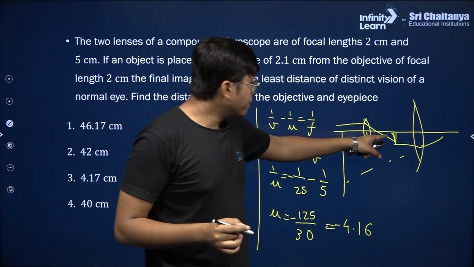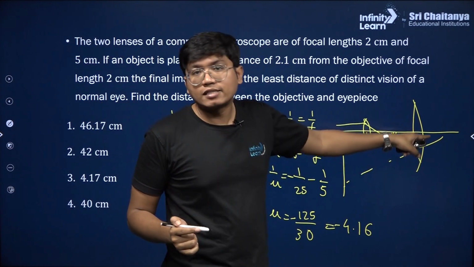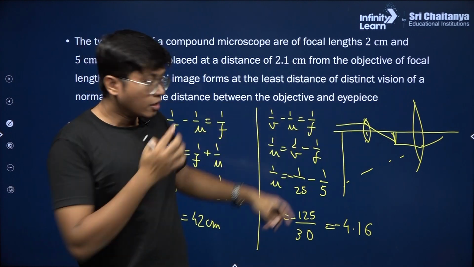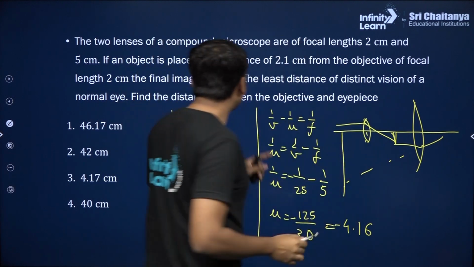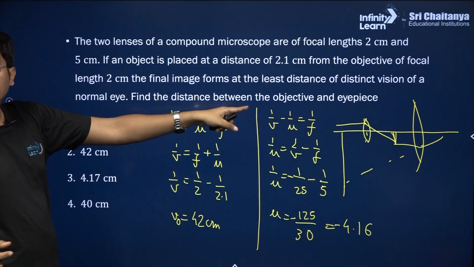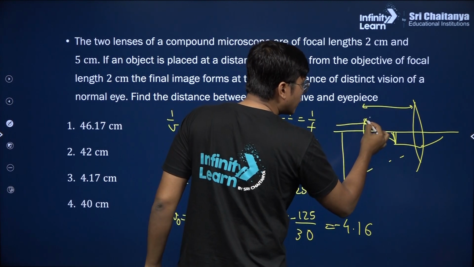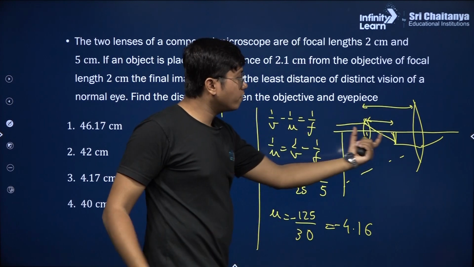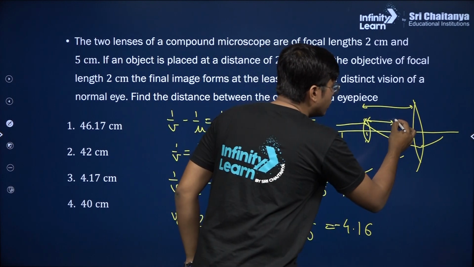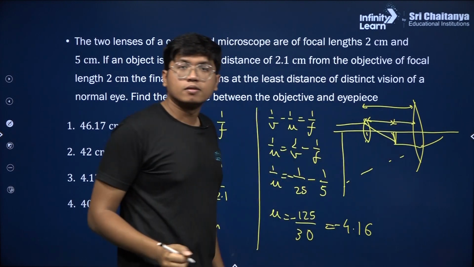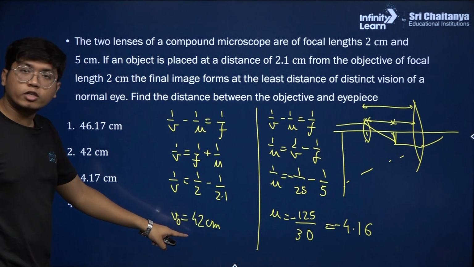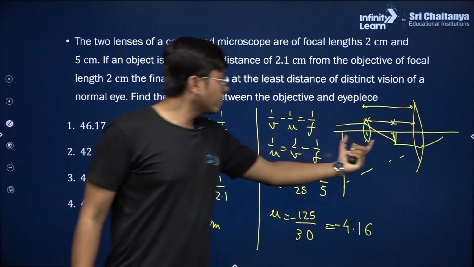Whatever image the objective creates, that is the object for the eyepiece. They've asked us for the distance between objective and eyepiece. So if I want this distance, then that is just the image distance of the objective plus the object distance of the eyepiece. So you've got the image distance 42 of the objective, which is this length.